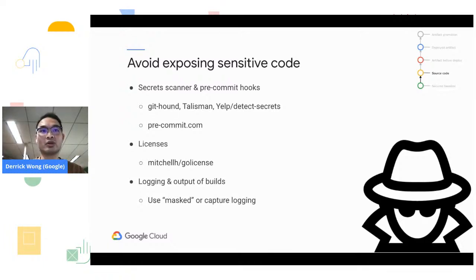It collects all the changes. So you should have some secret scanner or pre-commit hook to make sure no sensitive information is checked in to the source code repository.